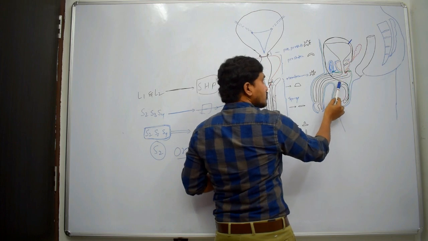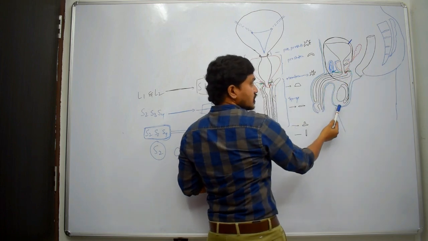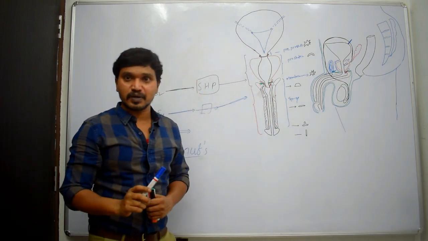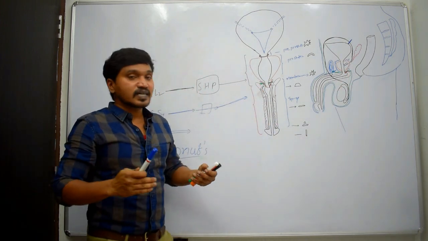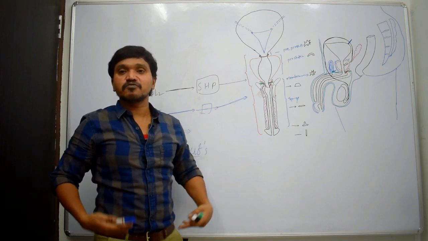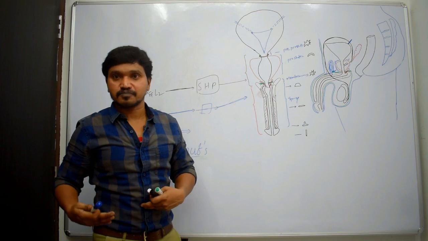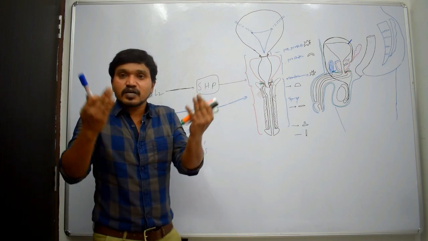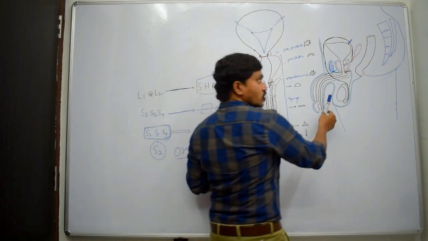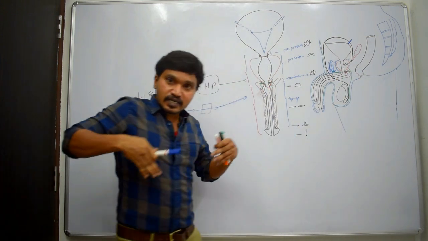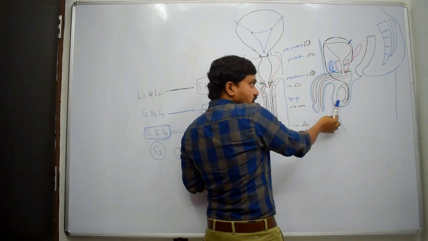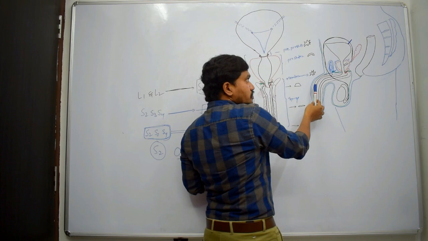This extravasation will not extend behind because the Colles' fascia is attaching to the posterior border of the perineal membrane, right? And it will not extend into the thigh because Scarpa's fascia blends with the deep fascia of the thigh, that is fascia lata. Then on either side there will be the ischiopubic ramus. Clear? So it cannot go posteriorly, it cannot enter the thigh, so the extravasation of urine will be within the scrotal sac surrounding the penis.